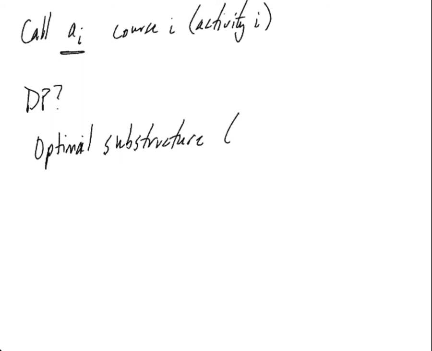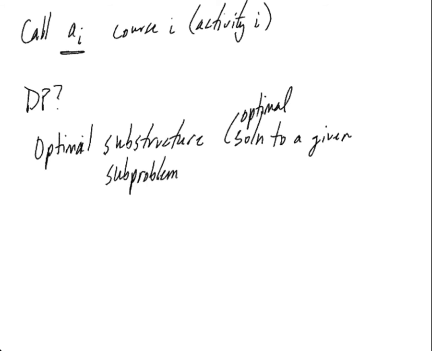And a reminder about what optimal substructure is: the optimal solution to a given subproblem is always the same. Now, we want to find out if activity selection has optimal substructure.